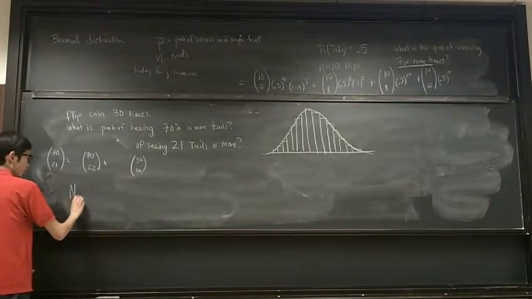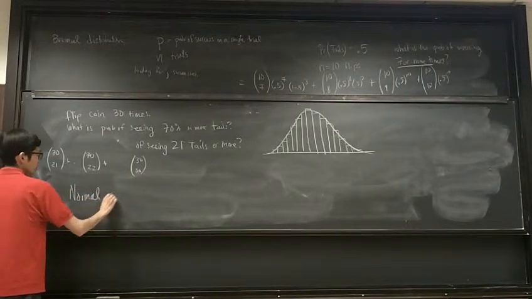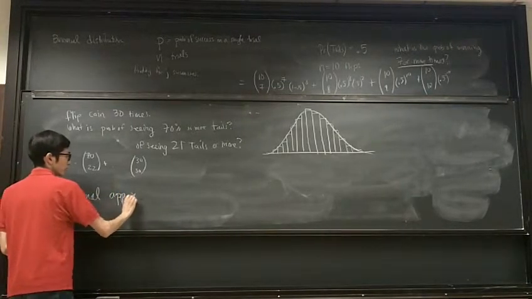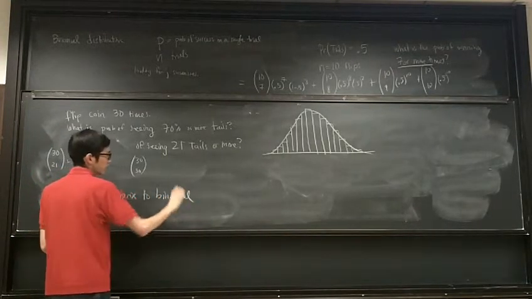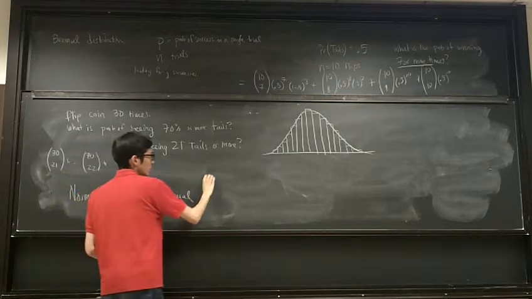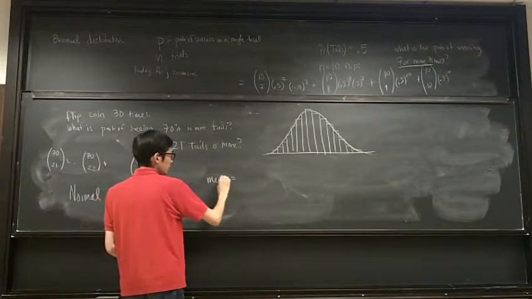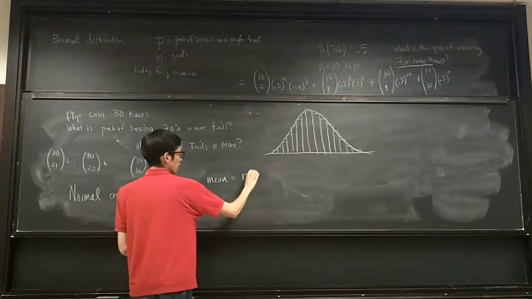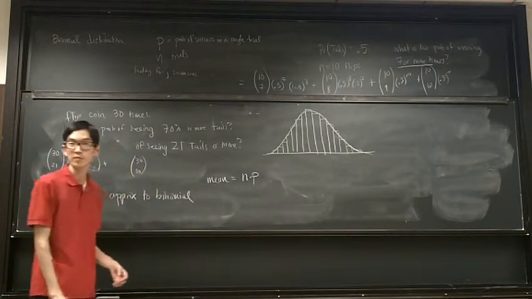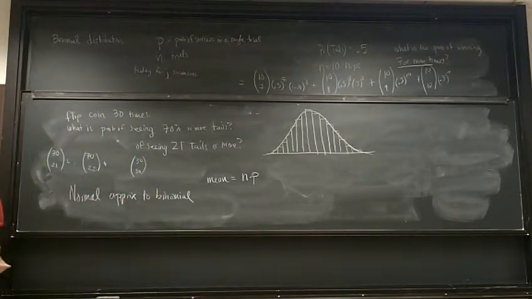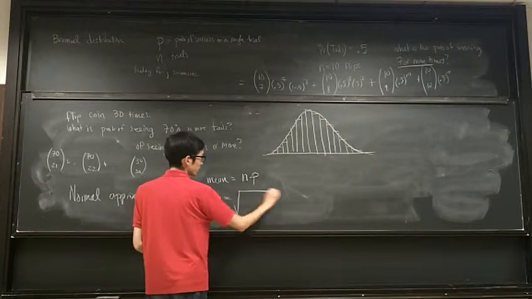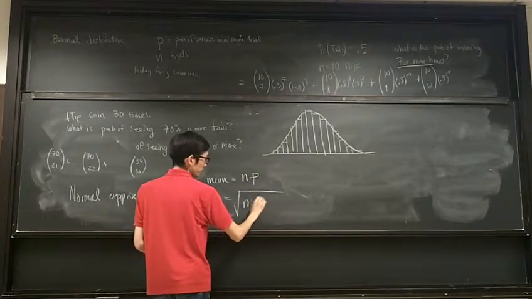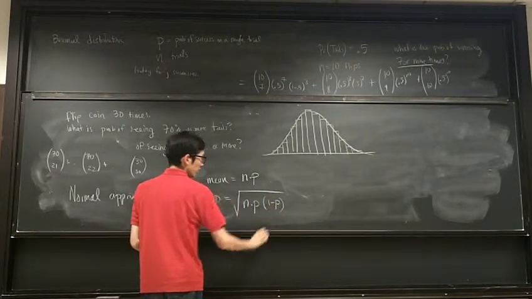So the normal approximation to the binomial: we're going to say the mean number that we expect is n times p. And what's the standard deviation of this normal distribution going to be? It's equal to the square root of n times p times 1 minus p.